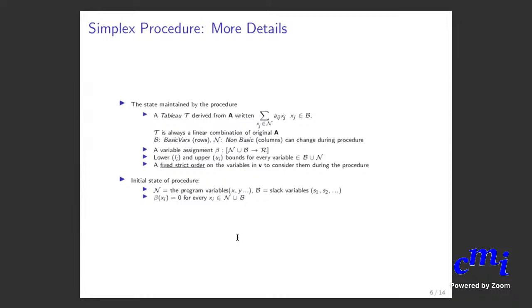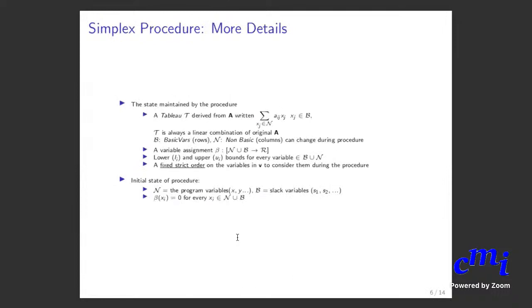This strict order is important, as you'll realize. Otherwise, this procedure may not terminate. You may be flipping back and forth and it may never terminate, and that's the reason you have to use that strict order.